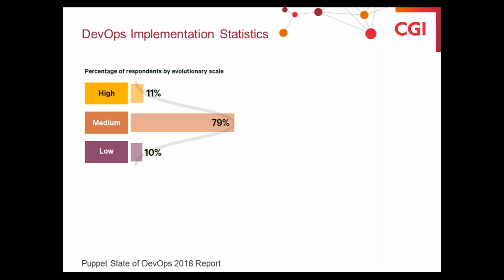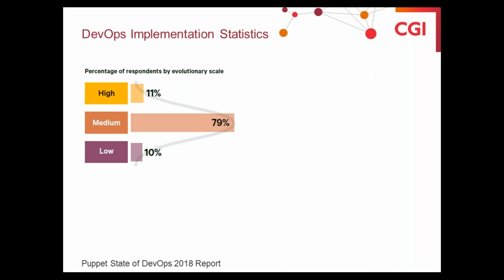I think they're quite illuminating in terms of how far through companies that say they're doing DevOps are in their implementation, in what they termed the evolutionary scale. So you've got 11% of companies rated as actually fully implementing DevOps and therefore probably seeing a lot of the benefits that I've just mentioned.